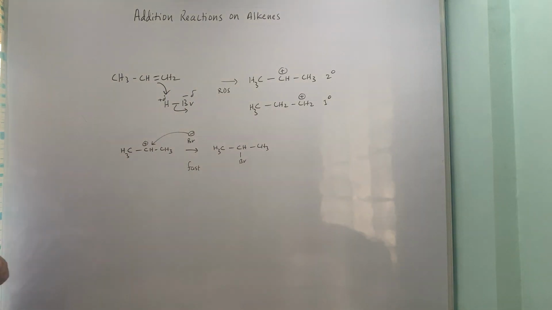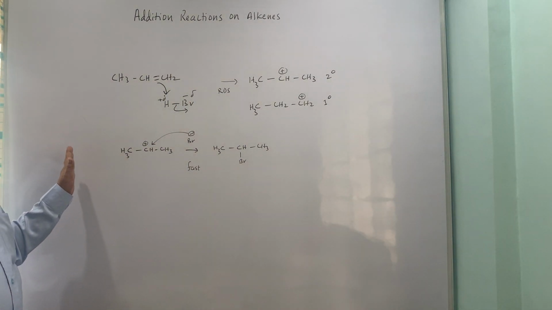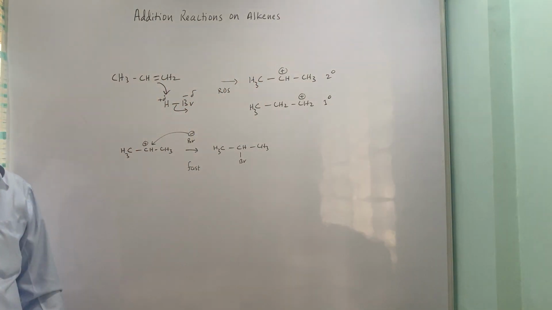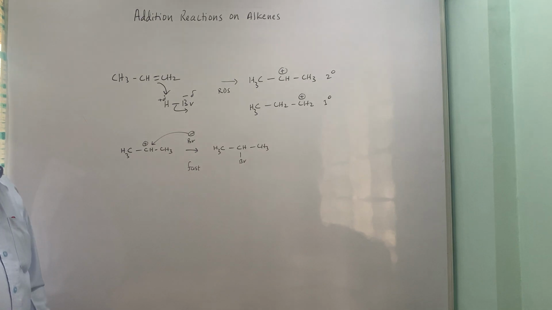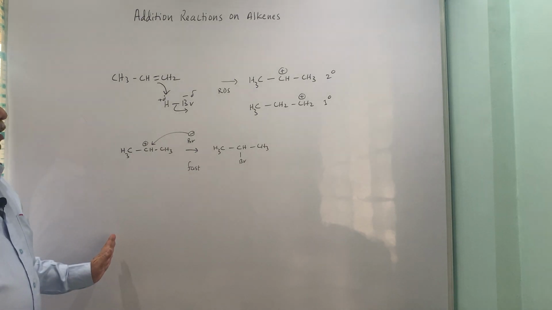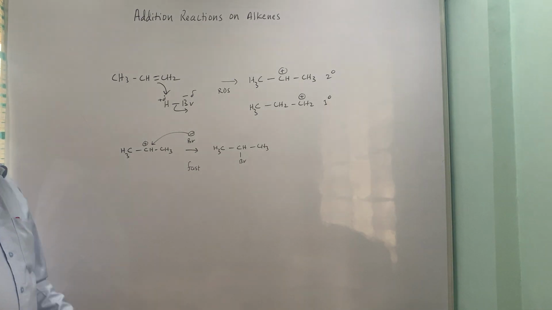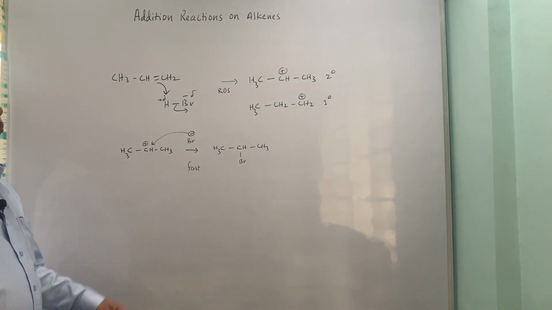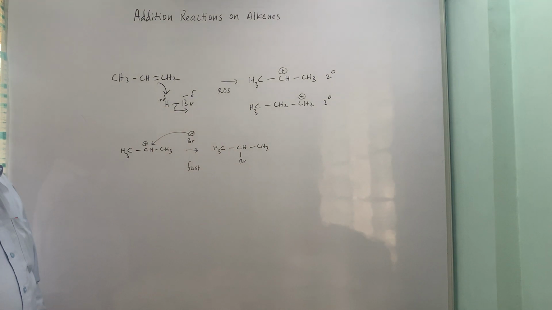So, in other words, we can say that the rate is dependent upon the formation of the carbonium ion. The more the ease of formation, the more will be the rate, and vice versa. In addition to that, the stability of the carbonium ion also tells you about the rate. The more stable the carbonium ion, the higher the rate.